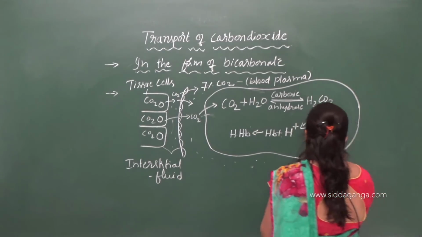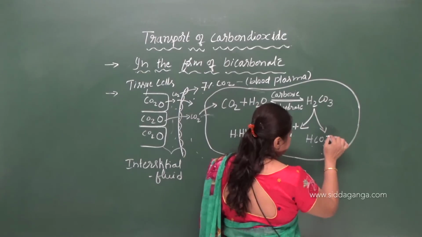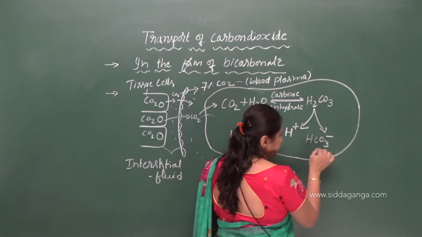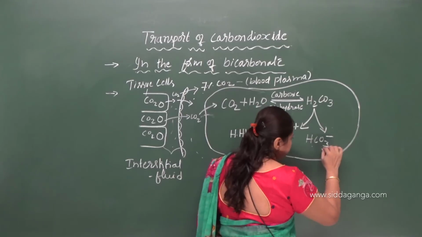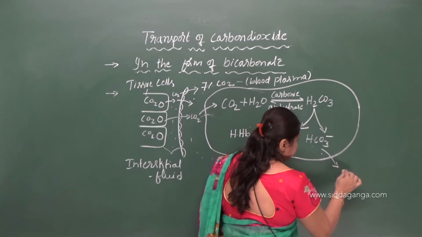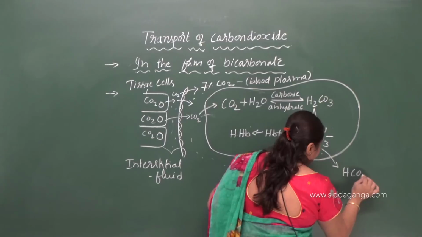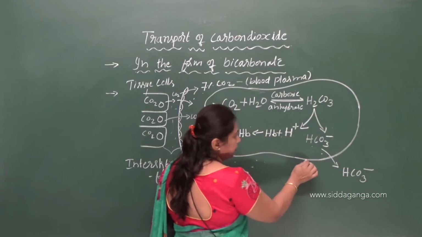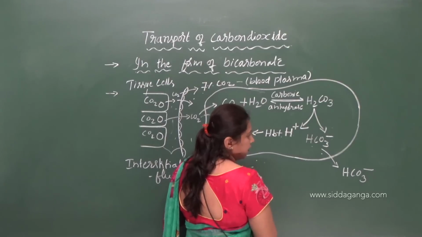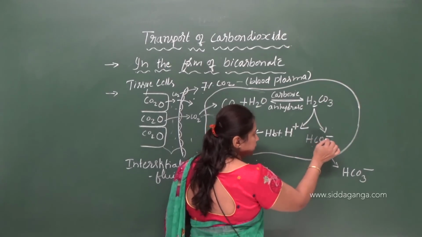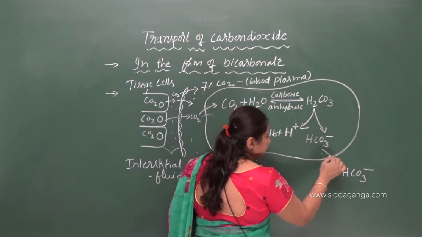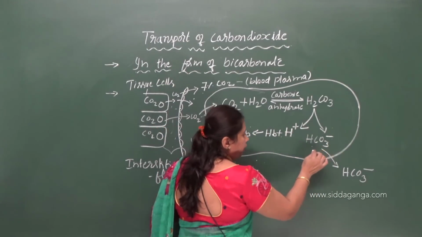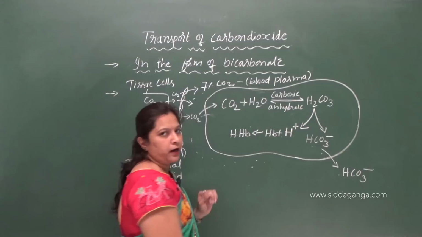Hence, as bicarbonate ions are negatively charged, the bicarbonate ions produced in the RBCs will diffuse into the blood plasma. So they will move from RBCs into the blood plasma.